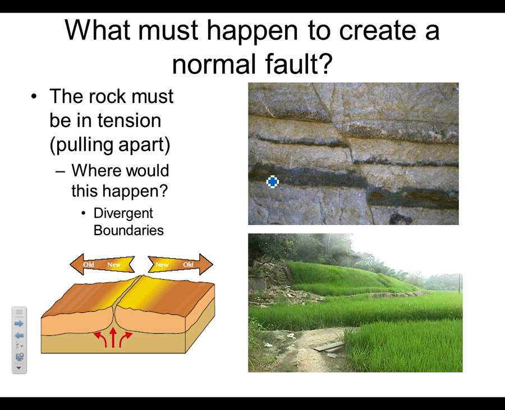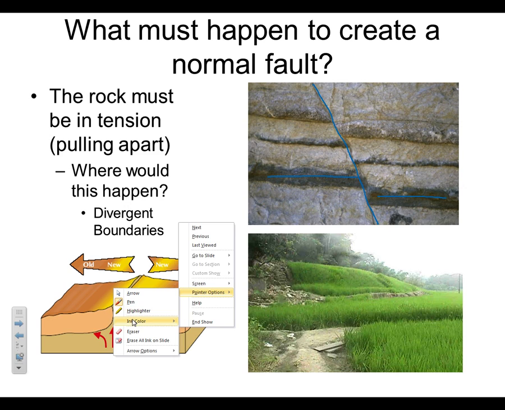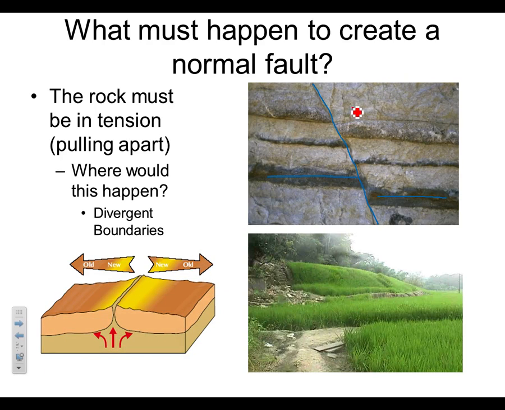We see in this picture here, there's a layer of rock here, and then here. This was a normal fault. There's your fault plane. Which one's the hanging wall? Which one's the footwall? Again, if you want to draw your imaginary person in there, you could do that.